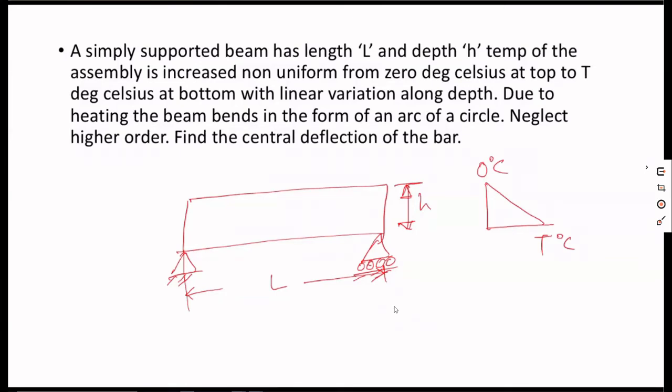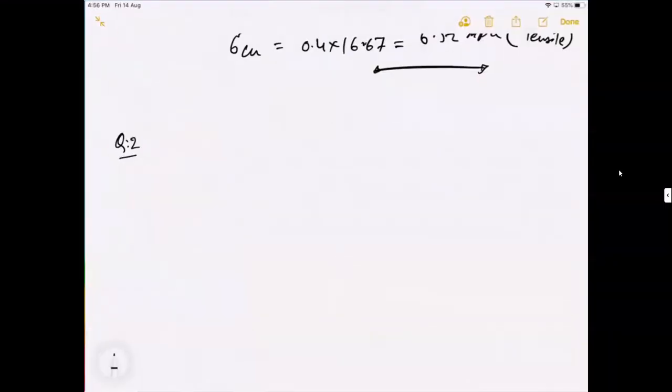This question was also asked in GATE. I don't remember the year, but this question was asked somewhere around 2010 or 11, I think. This same question was asked in GATE. So let's solve this question.